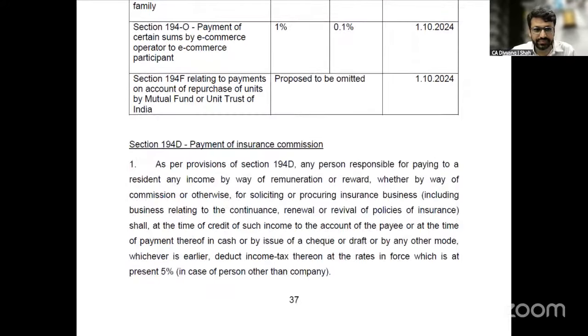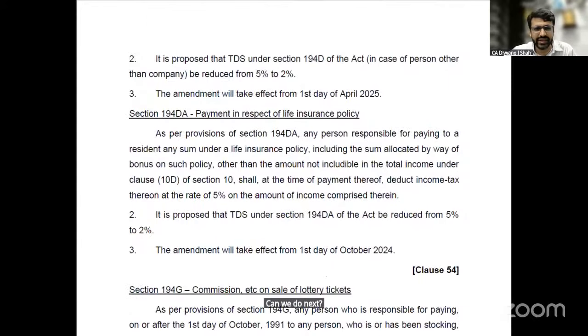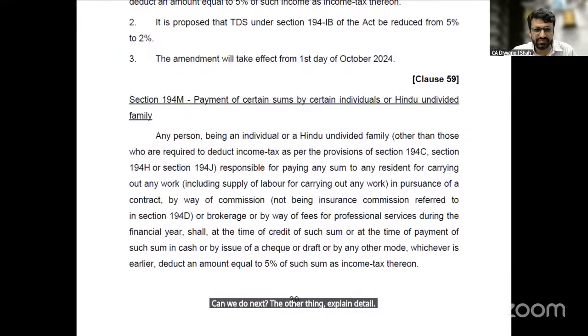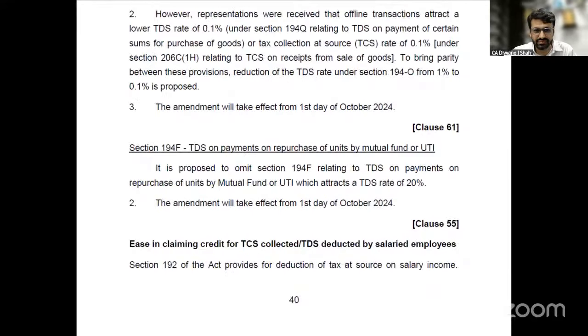Moving to next. These are the same. Explain in detail. This is the ease in claiming credit for TCS collected, TCS deducted by a salaried employee. If we refer to the TDS provision for employees, section 192, if any TDS is deducted by another person, that was considered by the employer.